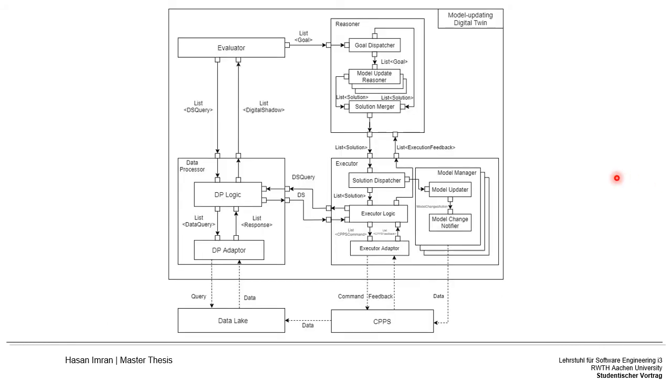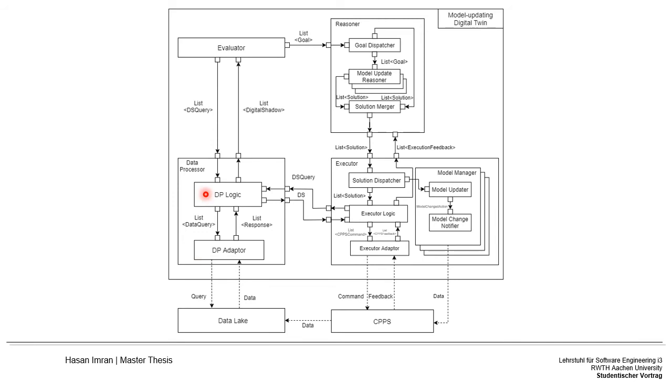This is how the whole model updating digital twin architecture looks like once it has been generated. The data processor has the data processor logic and the adapter. The adapter is basically the communication between the data lake and the digital twin.